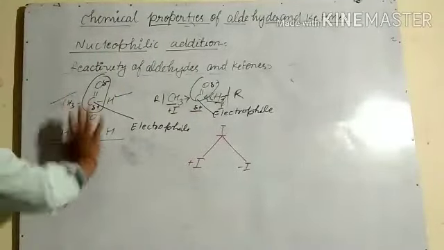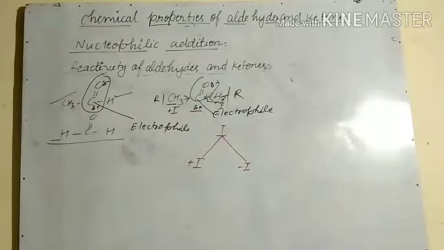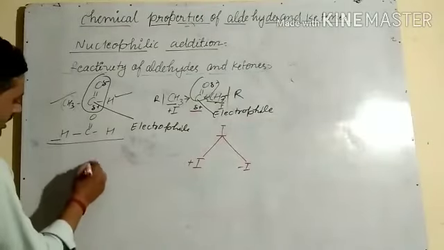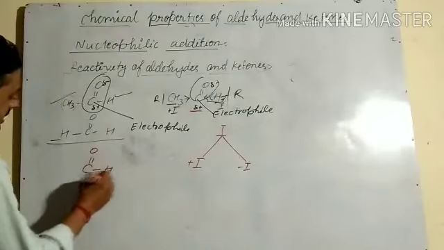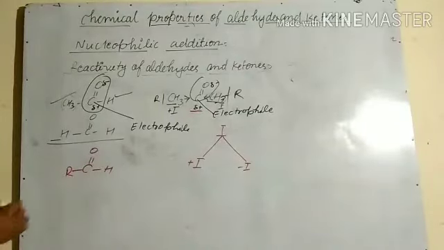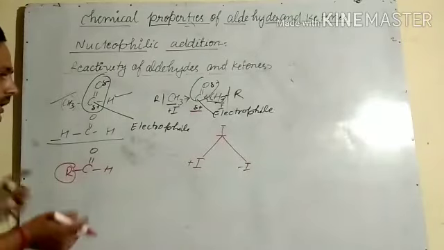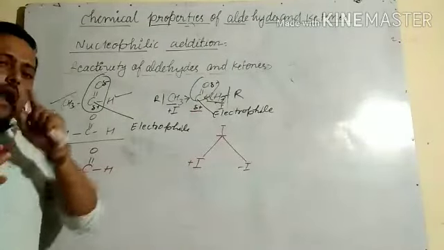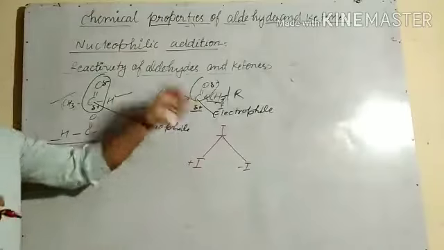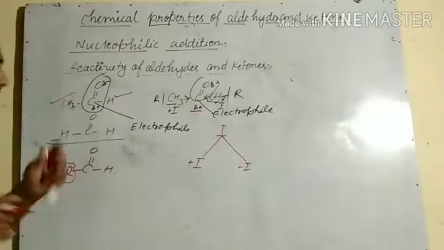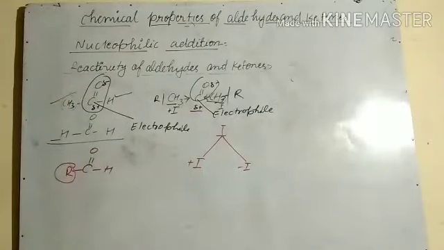So this is the reason why aldehydes are more reactive than ketones. In a simple way you can remember it: as the number of alkyl groups on the carbonyl carbon increases, they decrease the electrophilic nature of the carbonyl carbon.